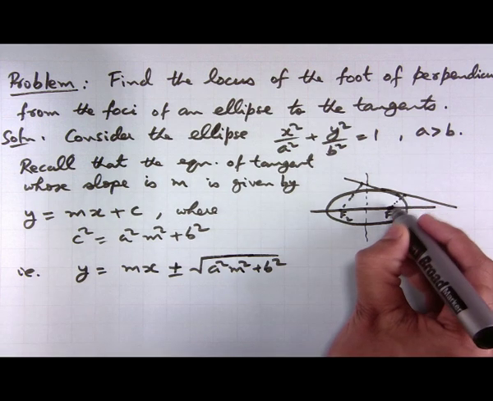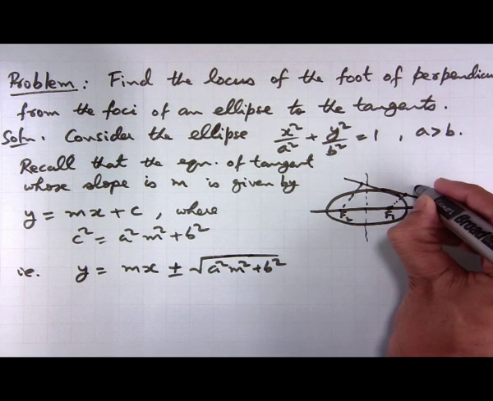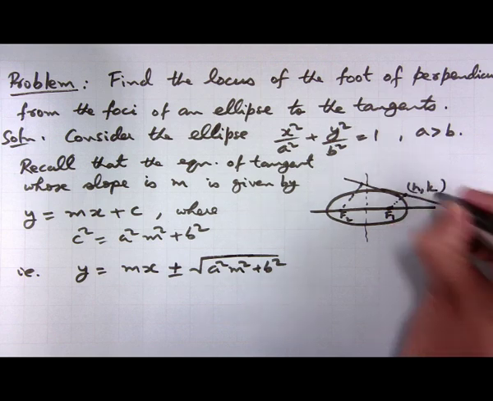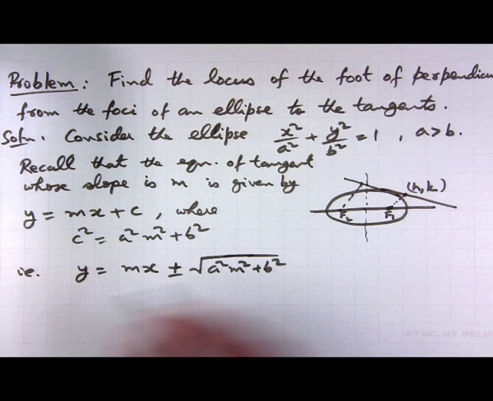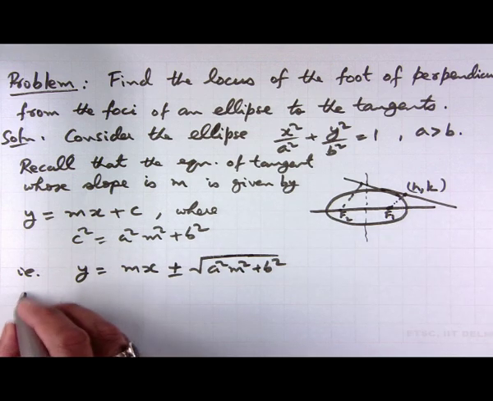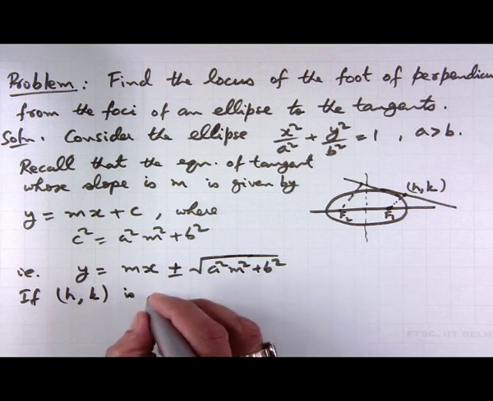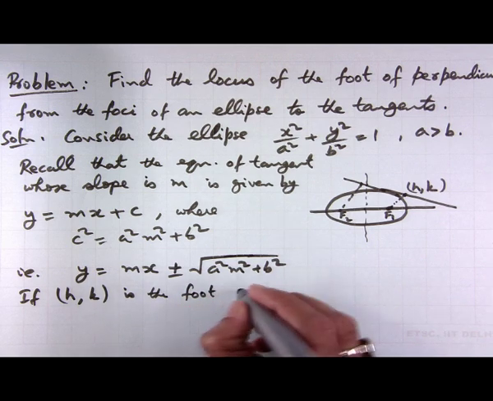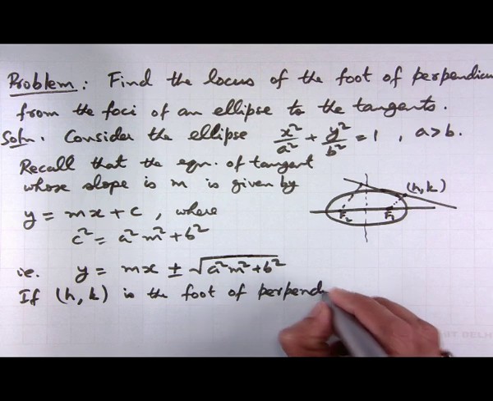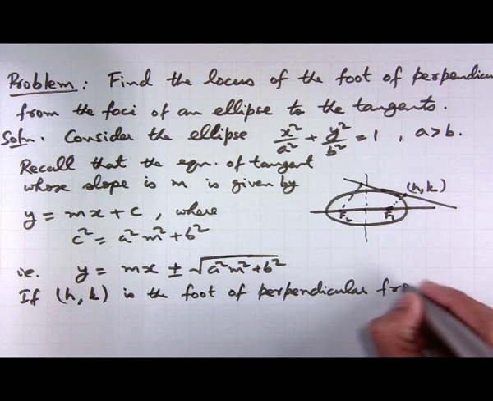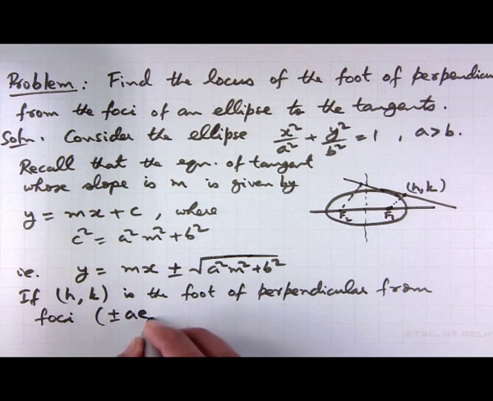Now, suppose this is any general point h comma k, the foot of perpendicular from foci plus minus a e, 0.